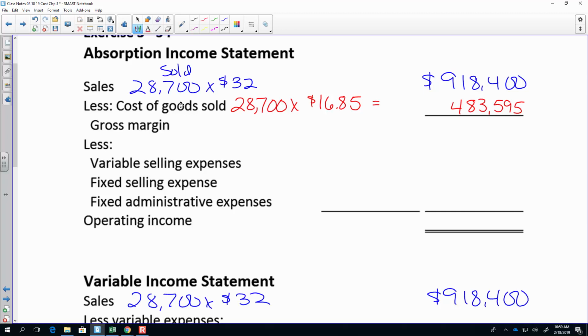Austin, how do I get my margin then? Subtract cost of goods sold from sales, right? Excellent. And does somebody have that? 434,805. Excellent. The biggest number on the income statement is that margin number. Why?